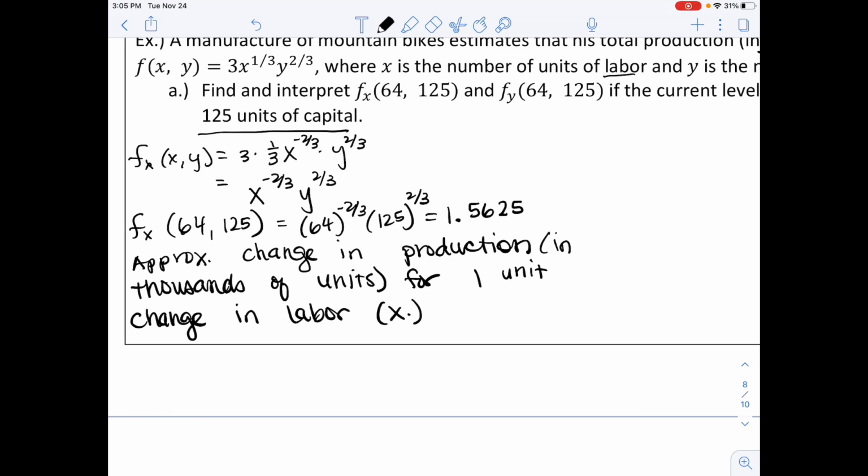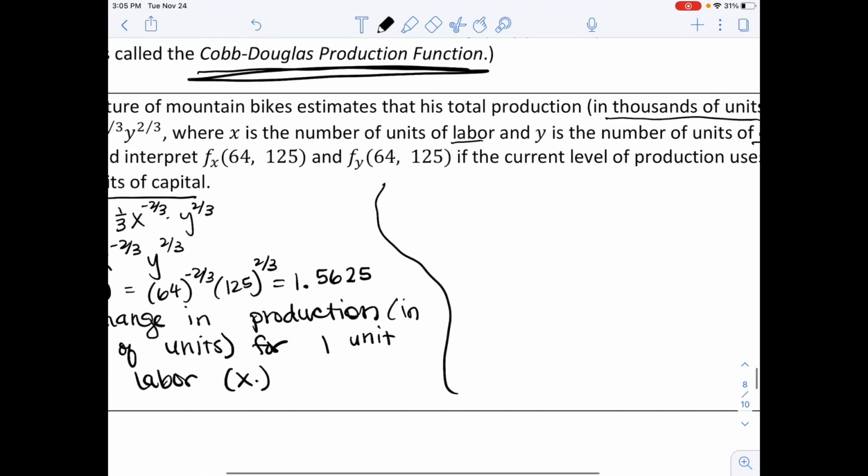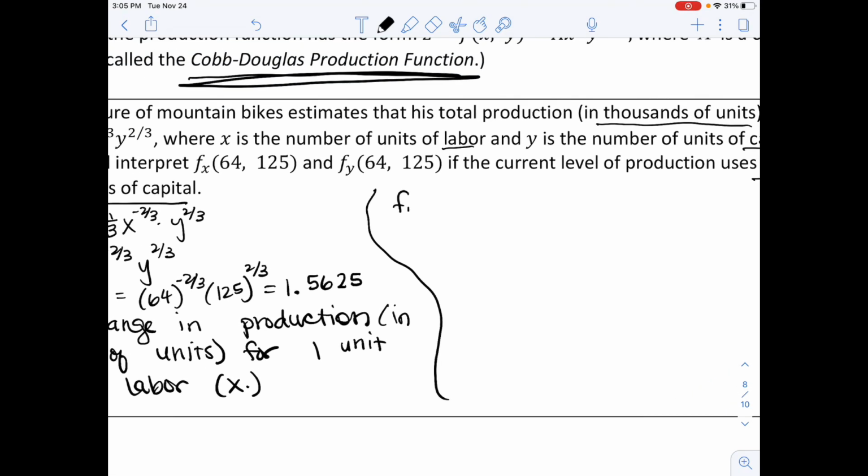So we need to do the same thing, but this time we need to take that partial with respect to y. And so taking our partial with respect to y, it is going to be 3, and the x to the 1/3 would stay the same, times taking the derivative of y to the 2/3. You have 2/3 y to the negative 1/3.